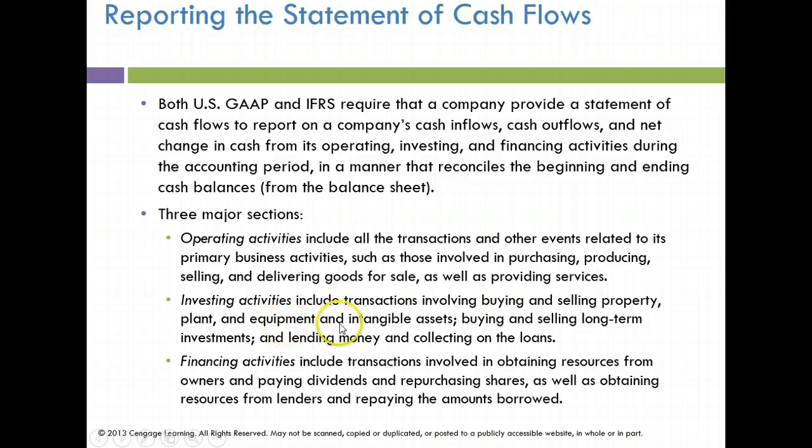Investing activities relate to buying and selling property, equipment, intangible assets, long-term investments, lending money, and collecting on loans. So it's how they're investing in the company, how investments are being handled.